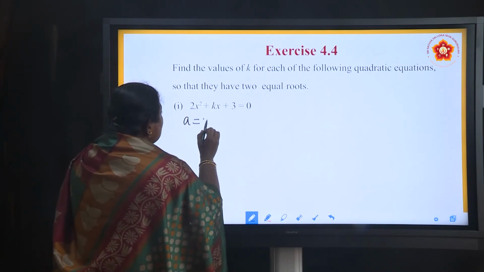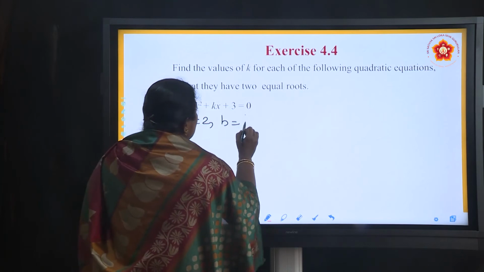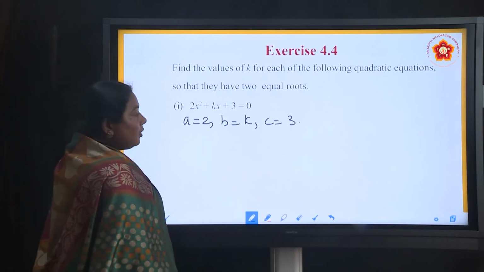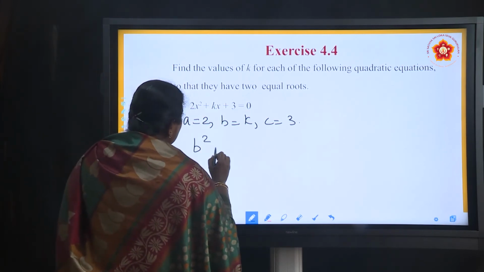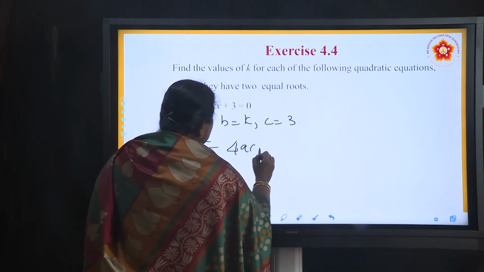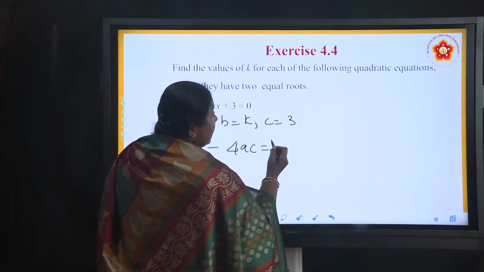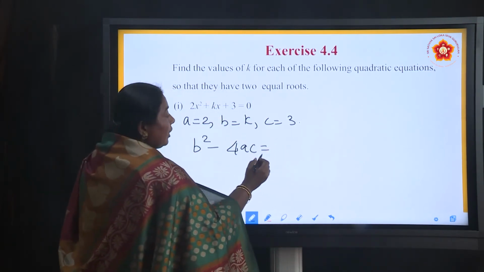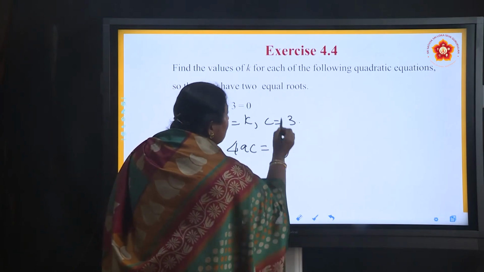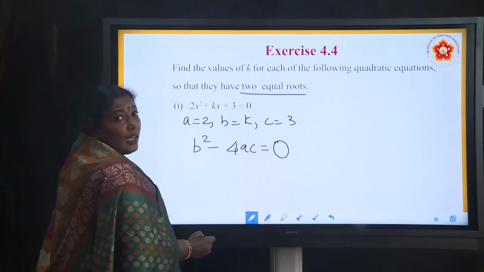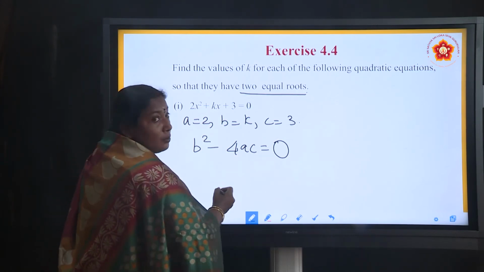Here a is equal to 2, b is equal to k and c is equal to 3. Okay. Now b square minus 4ac is equal to, substitute here. Since they have given it is two equal roots, it should be equal to 0. Since it is two equal roots, real and equal, b square minus 4ac should be equal to 0.